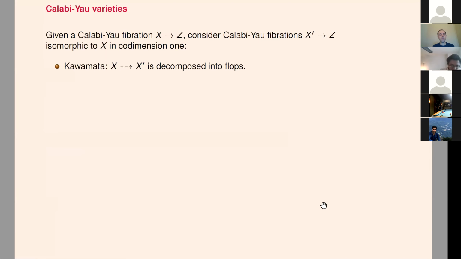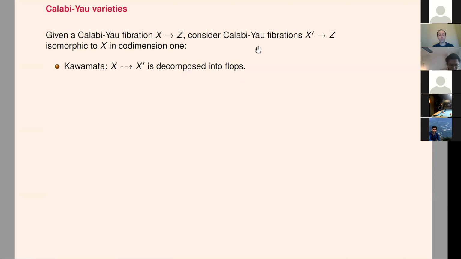Now, in the Calabi-Yau case, I also mentioned a couple of known results and conjectures. Suppose that we have a Calabi-Yau fibration X to Z, and then consider other Calabi-Yau fibrations X' to Z. So the Z is fixed here, but X itself is changing, such that X and X' are isomorphic in codimension 1.